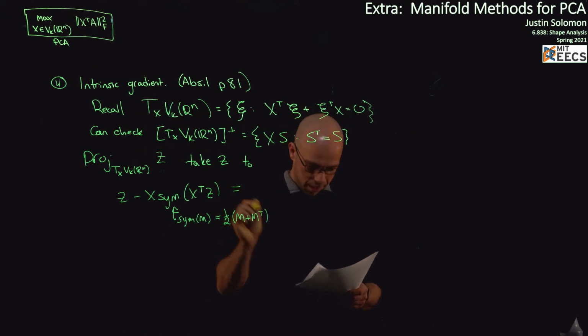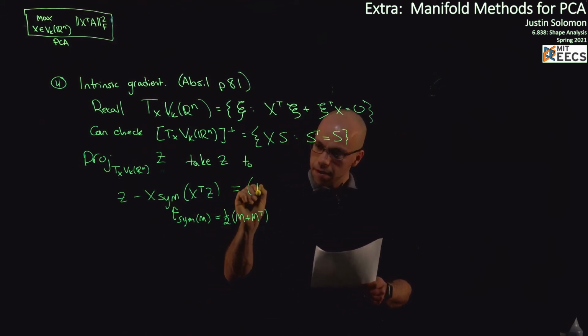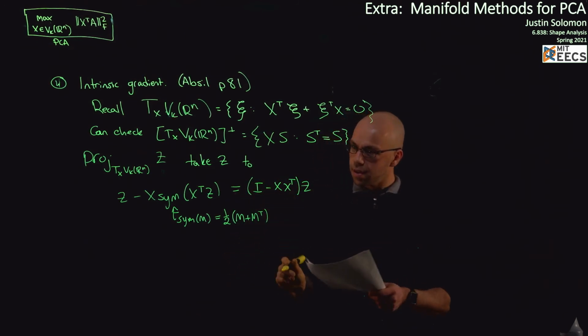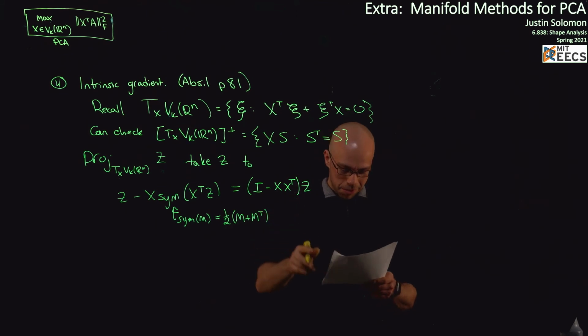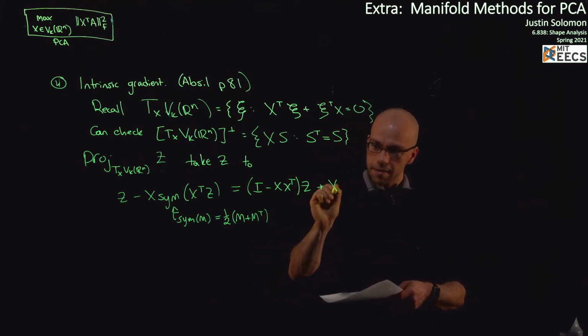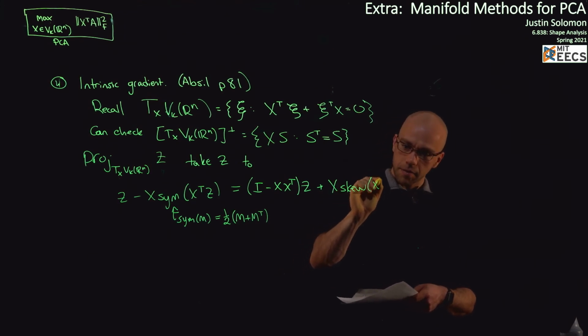And this thing happens to be equal to, you can write it as, (I minus X X transpose) Z, which already kind of looks like a projection, plus X times the skew part of X transpose Z.